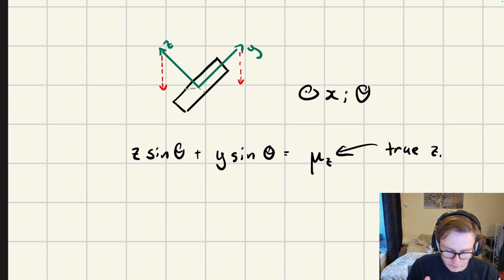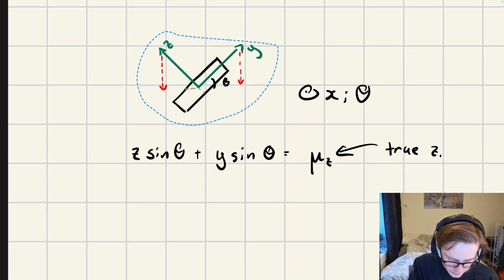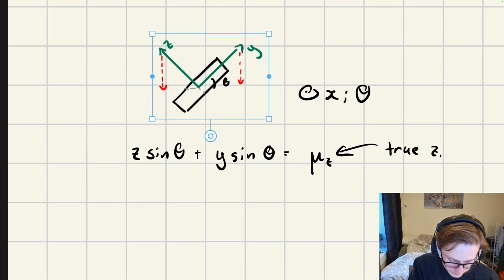Okay, so this is set xy, rotating counterclockwise. We get this angle, positive theta, which would be here.